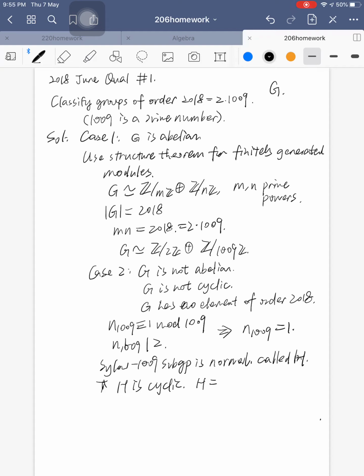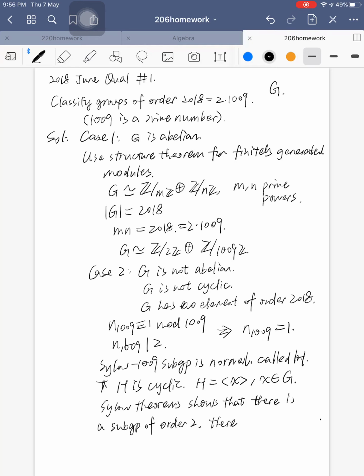So we can write H equals the group generated by X, where X is some element in G. And the Sylow theorem also tells us that there should be a subgroup of order 2. So there exists an element Y in G, where Y has order 2.